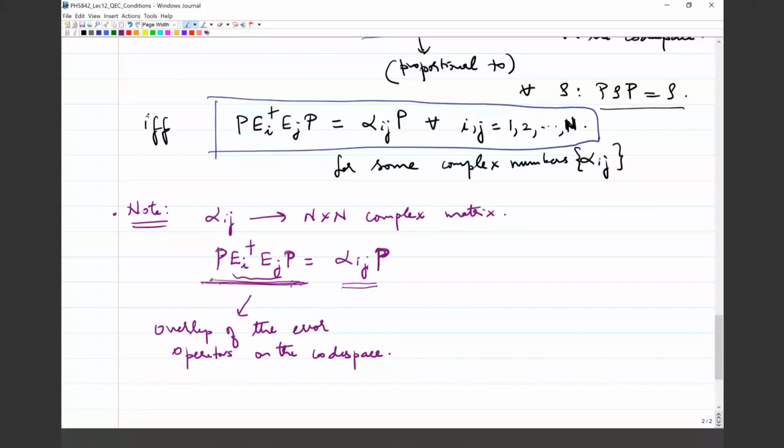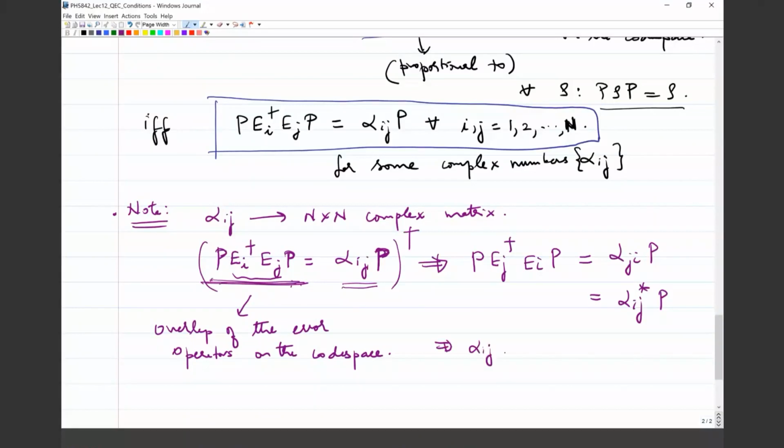And these complex coefficients have a special property, namely, this is alpha_ij, right? It comes from the overlap of E_i dagger E_j. So now if I look at P E_j dagger E_i P, that is alpha_ji. But this is nothing but alpha_ij star, because I get this by taking the adjoint of this entire equation. So alpha_ij represents, so this set represents, yes, what kind of a matrix is it?